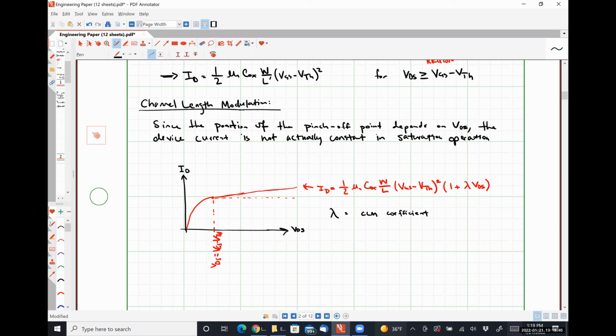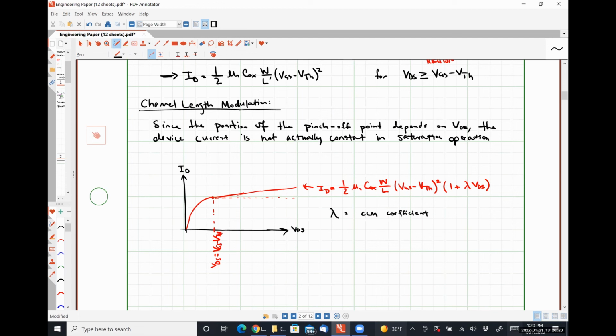And what it represents is the relative change in channel length for any given VDS. So what this means is that if we have what's called a long channel device, we're going to have a small value of lambda because it's going to take a really large value of VDS to cause that pinch-off point to move by any considerable amount.